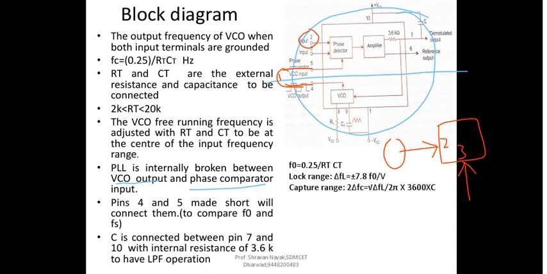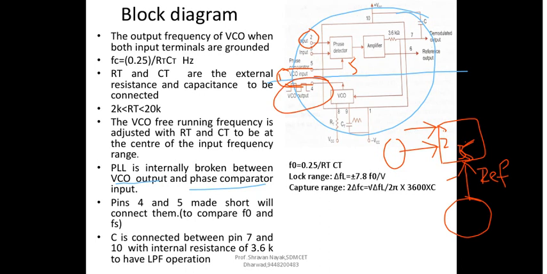Pin 3 is independent. Pins 2 and 3 are the external inputs, that means you can connect two inputs to the phase detector, and one more input is pin number 5. That serves as the second input or the reference input. This reference input can come from your VCO output.